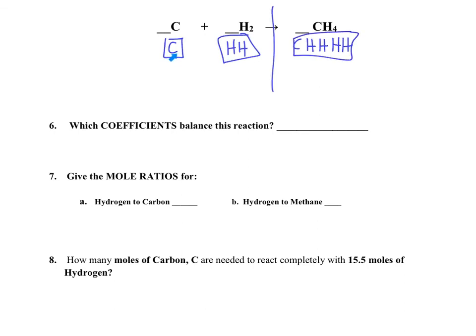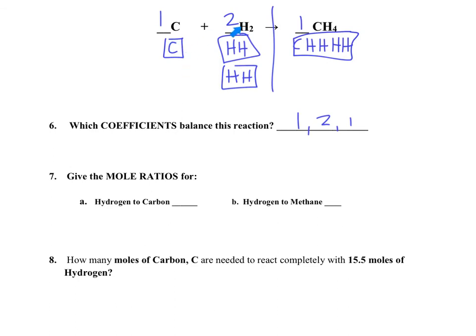So now I count 1 carbon, 2 hydrogens, 4 hydrogens. So this one's easy because all I need to do is put 2 hydrogens over here, and I've got 4. So my coefficients are 1, 2, 1. So what are the mole ratios from hydrogen to carbon?